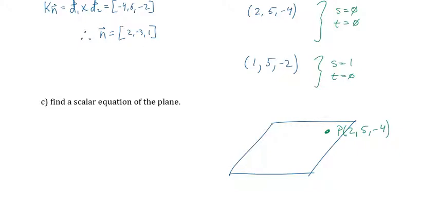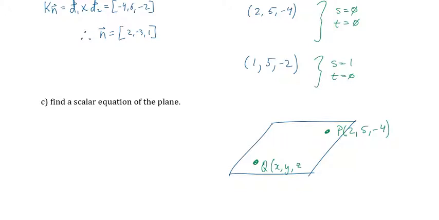I want point Q to be just general, any point (x, y, z) in the plane. Okay? Okay so far?